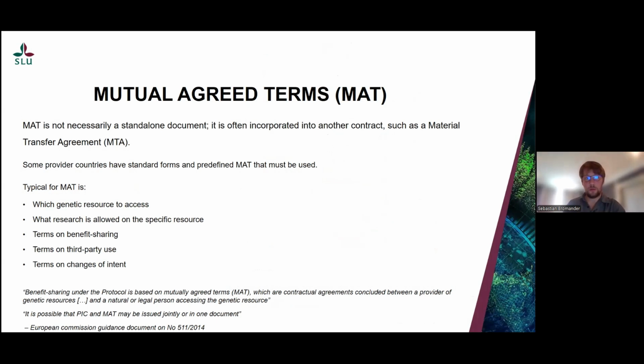Normally what you put in a material transfer agreement is, of course, what genetic resources to access, because they never give you permission to access everything. They tend to be very specific: what genetic resources are you interested in, and what kind of research are you going to do?